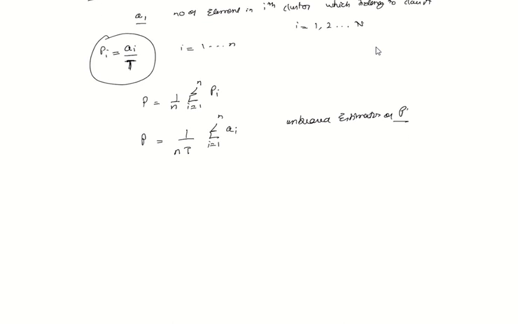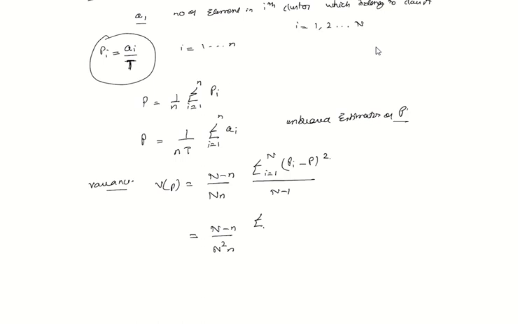Now the question always comes about variance. What is the variance of the small p? That is going to be (N minus n) upon Nn summation i equal to 1 to n of (pi minus p) square upon (n minus 1), which can be simplified into (N minus n) upon N n summation i equal to 1 to n of (pi minus p) square.